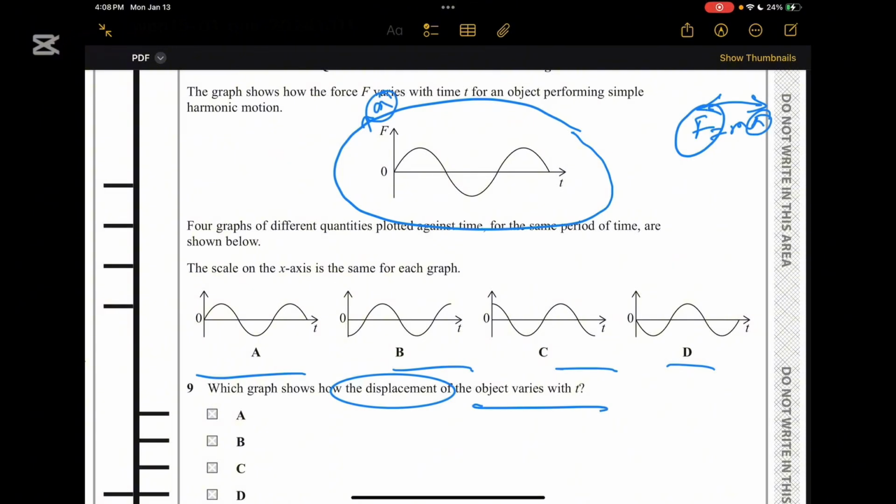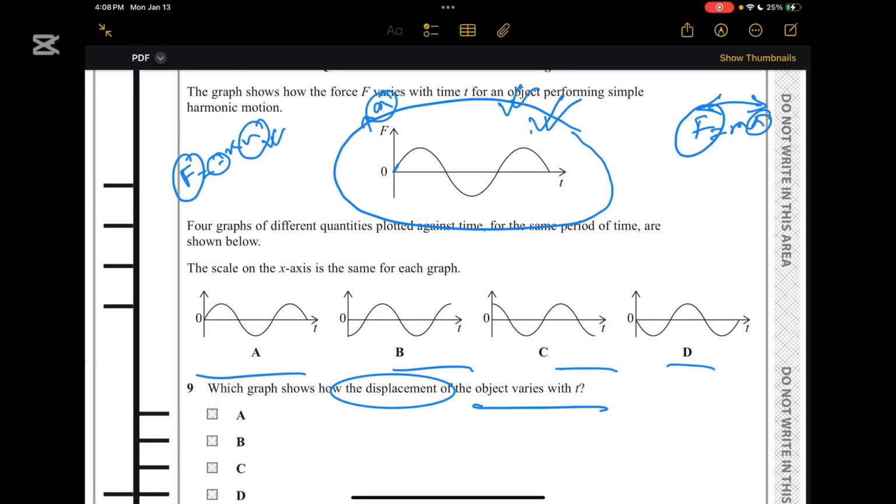And another thing that I want you to understand is F is equal to minus kx. The graph of force versus time is out of phase with displacement by pi radians. We don't need to know about the pi radians at the moment. What we can actually do is, this is a sine graph, right? If force is a sine graph, then the displacement will be a negative sine graph, but exactly the same.